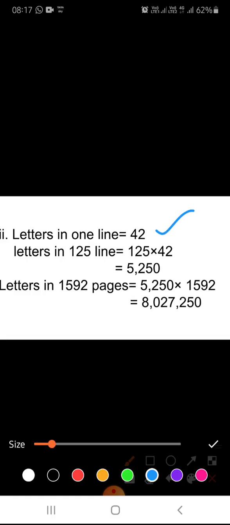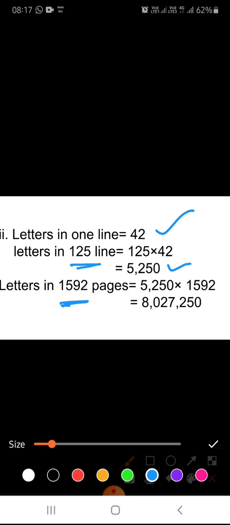Okay, let's see the solution. Letters in one line are 42. Letters in 125 lines will be 125 multiplied by 42, that will be 5250. Similarly, letters in the whole book, or we can say 1592 pages, because in the whole book how many pages are there? 1592 pages are there.